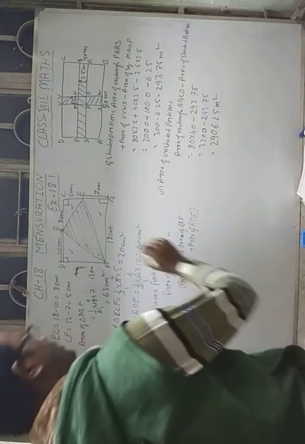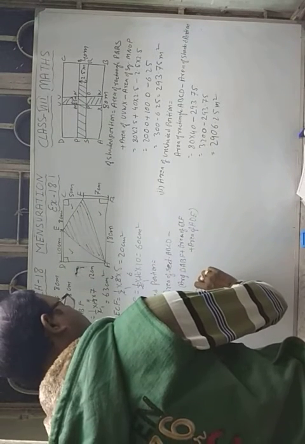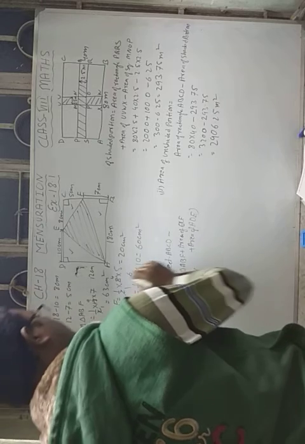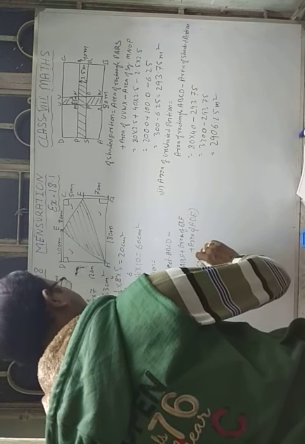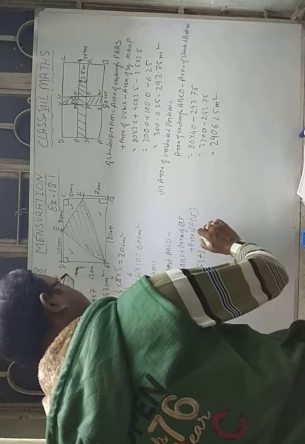So the area of the rectangle is 18 into 12, length into breadth, minus, in brackets, 63 plus 20 plus 60.